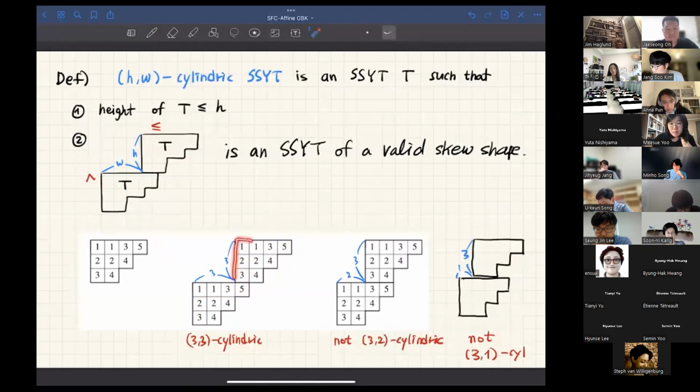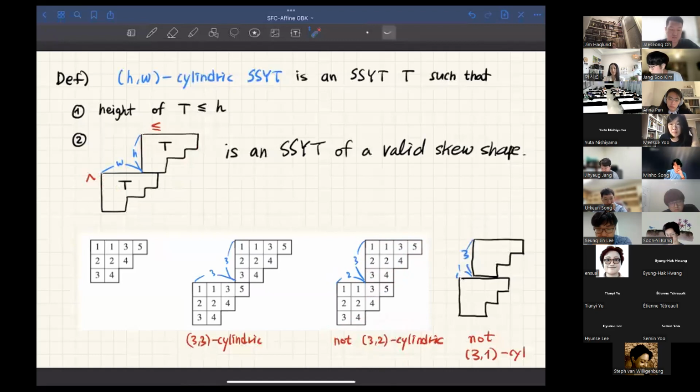So here, it's still strictly increasing, so this is cylindric. But this is not 3-2 cylindric, because when I shift by 3 and 2, as you can see, this is not strictly increasing.